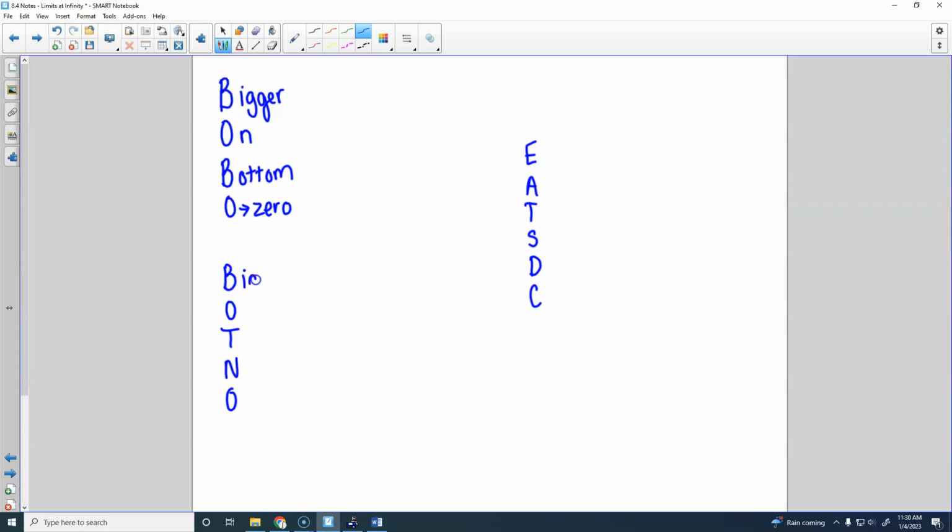If you have bigger on top, not 1, so that means there's not a horizontal asymptote, which means it's either going to go to positive or negative infinity. So you might want to put that over there, positive or negative infinity. And then exponents are the same, divide coefficients.